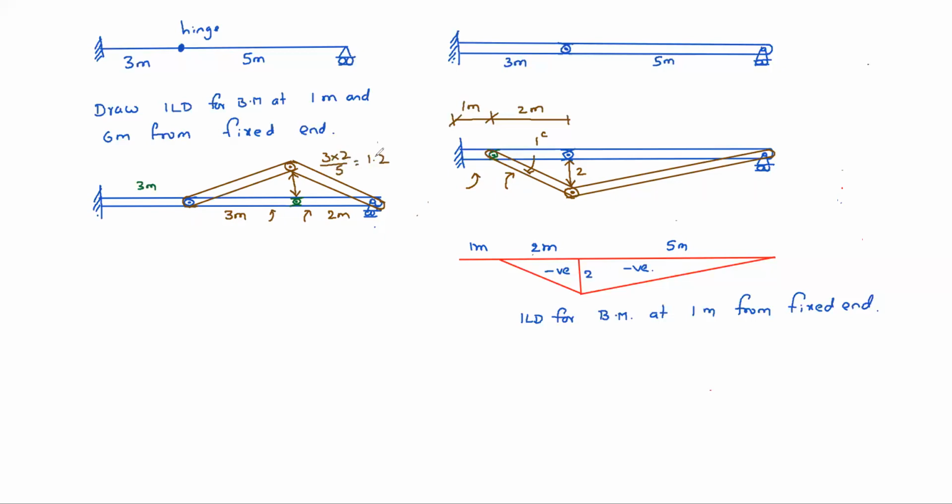Okay, so ILD is like this, positive, this is 1.2. ILD for bending moment at 6 meters from left end. Okay.